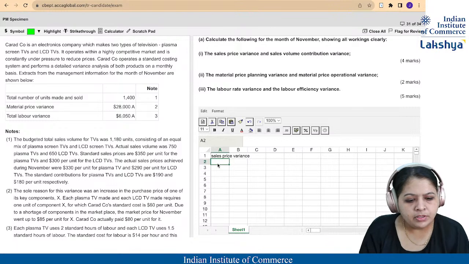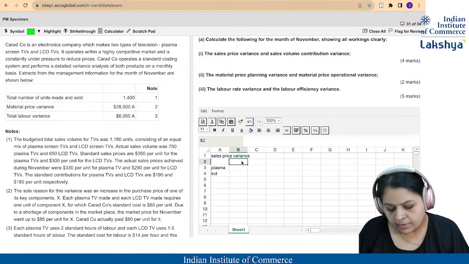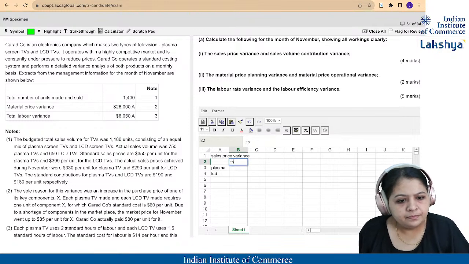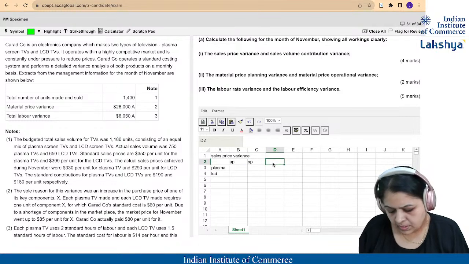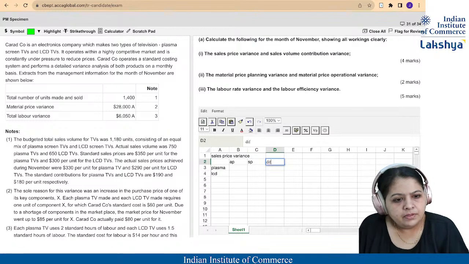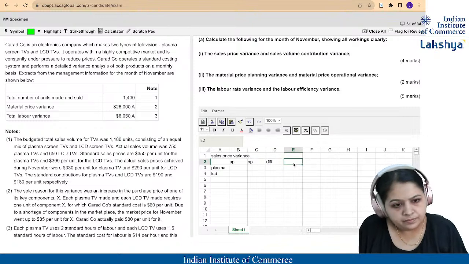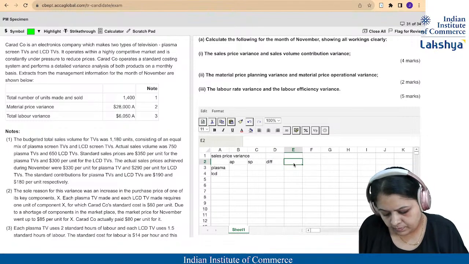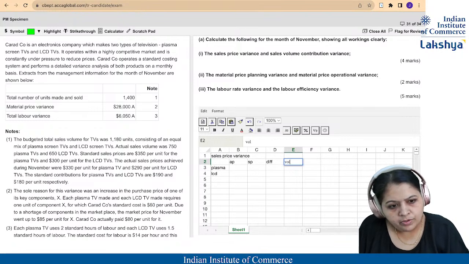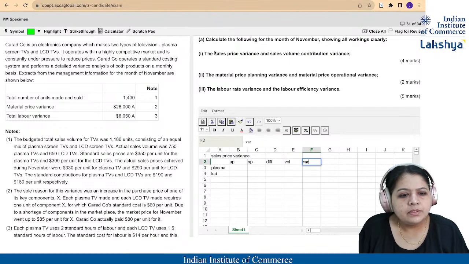We have two products, so I'm going to write plasma and LCD, and then actual price, standard price, difference, volume, and variance.